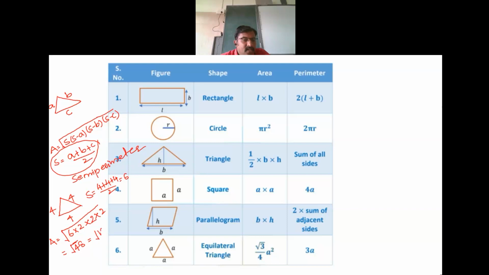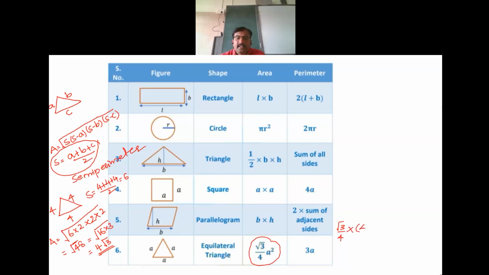This is nothing but 16 times 3, isn't it? Yes, 48 is 16 times 3. What is the root of 16? 4. So 4 root 3 units. Now, I am going to apply this particular formula, root 3 by 4 into side square.